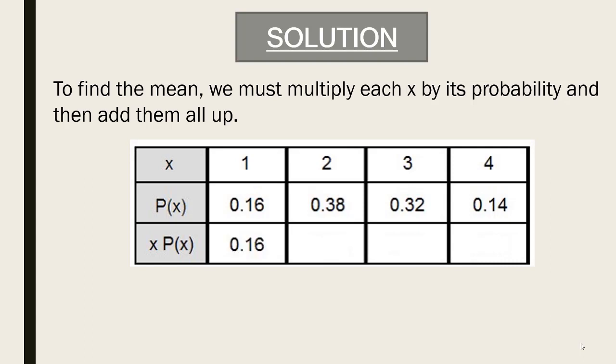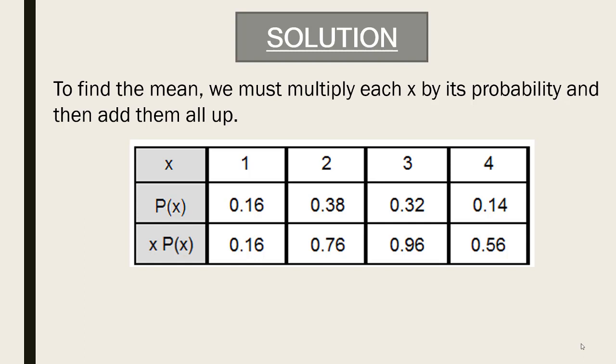In that first column, we're going to get 1 times 0.16, which is 0.16. In the second column, 2 times 0.38 is 0.76. In the third column, 3 times 0.32 is 0.96. And in the last column, 4 times 0.14 is 0.56.